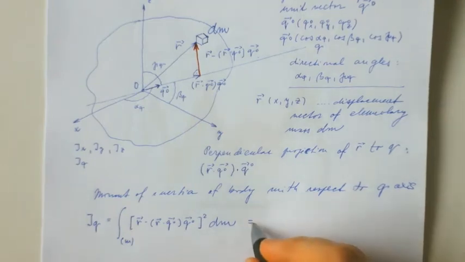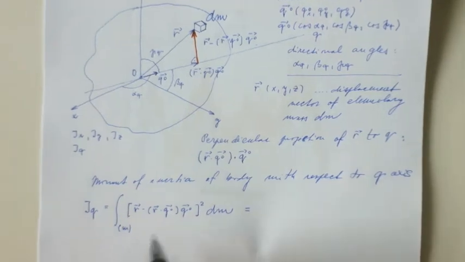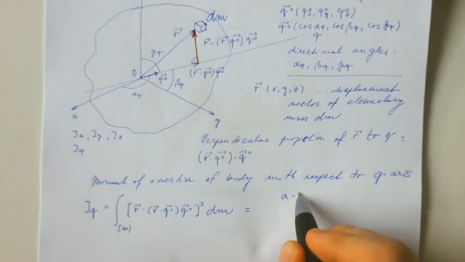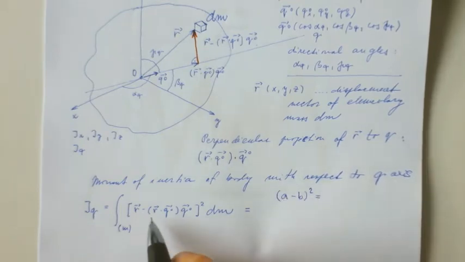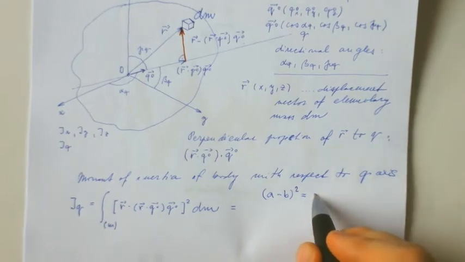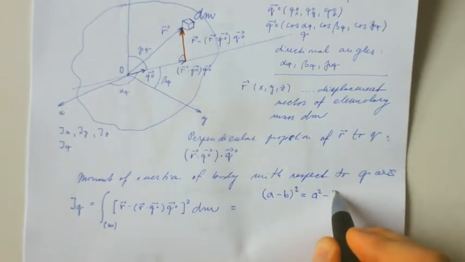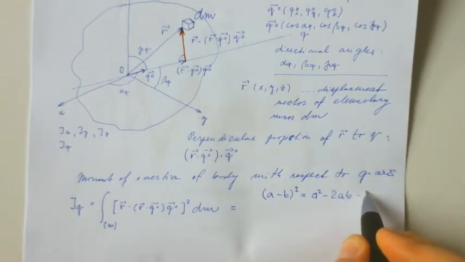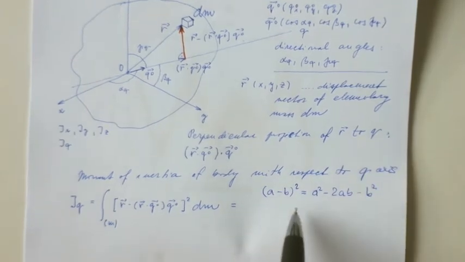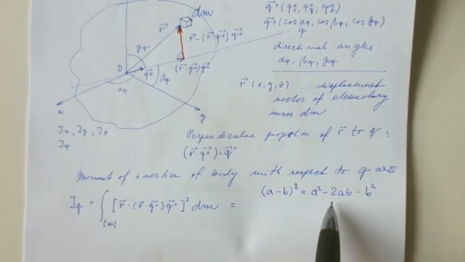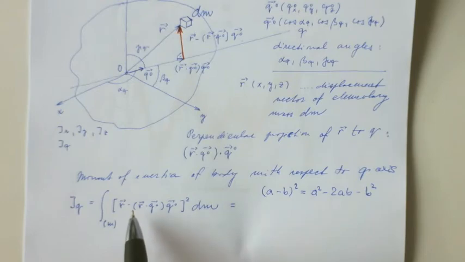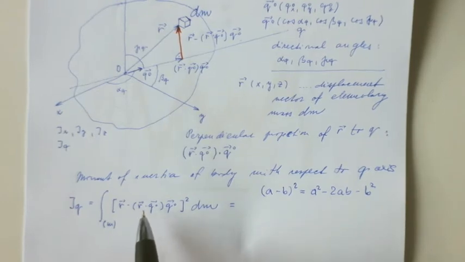It's a curve, but I will continue here. I can say this is something minus something different, so it is (a minus b) powered by square. You should know this: a square minus 2ab plus b square. And if we have this pattern, we can apply it to this a bit more complicated structure.